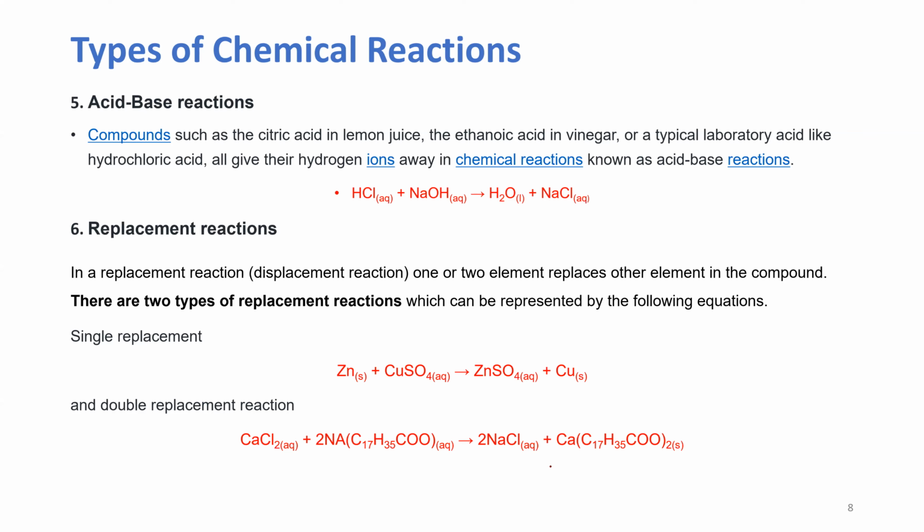Now, the next is the acid-base reaction. You can check out the previous lecture on acids and bases, where we discussed the ionic equations as well. As the name states, compounds such as acetic acid in lemon juice, ethanoic acid in vinegar, or a typical laboratory acid like hydrochloric acid all give their hydrogen ions away in a chemical reaction.